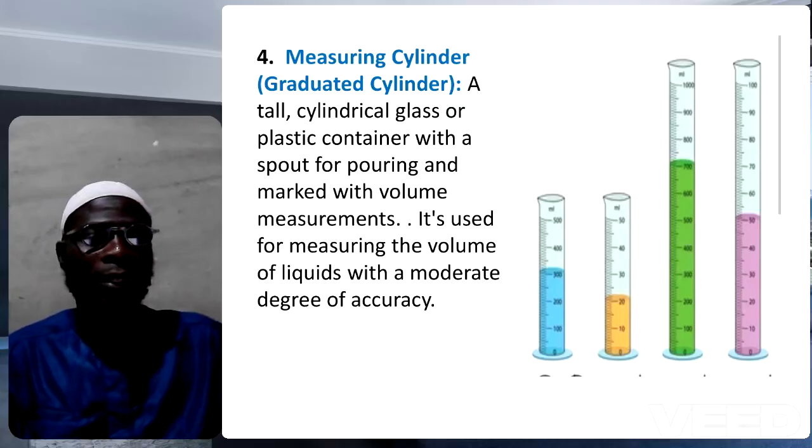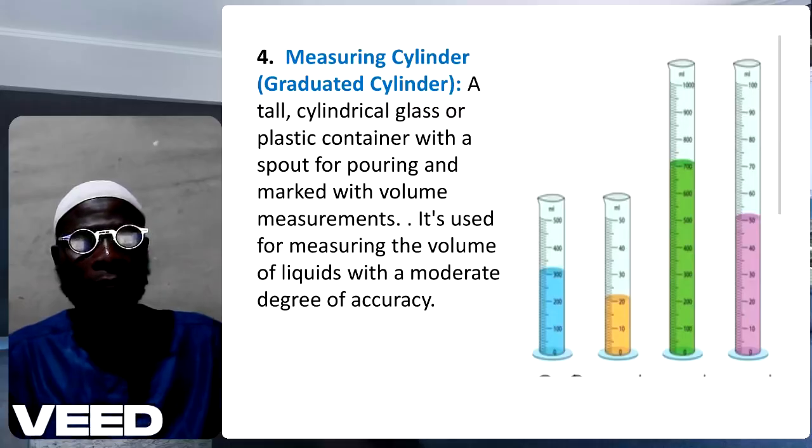So the next one is a measuring cylinder, or graduated cylinder. A tall cylindrical glass container with a spout for pouring and marked with volume measurements. It is for measuring the volume of a liquid with a moderate degree of accuracy. So if we need to measure the quantity of a chemical that we want to use, we normally use a measuring cylinder.